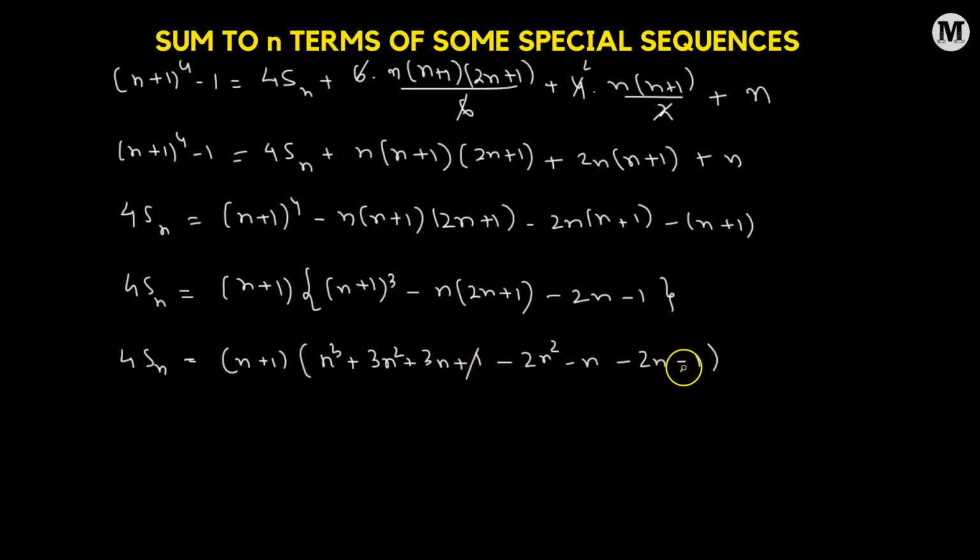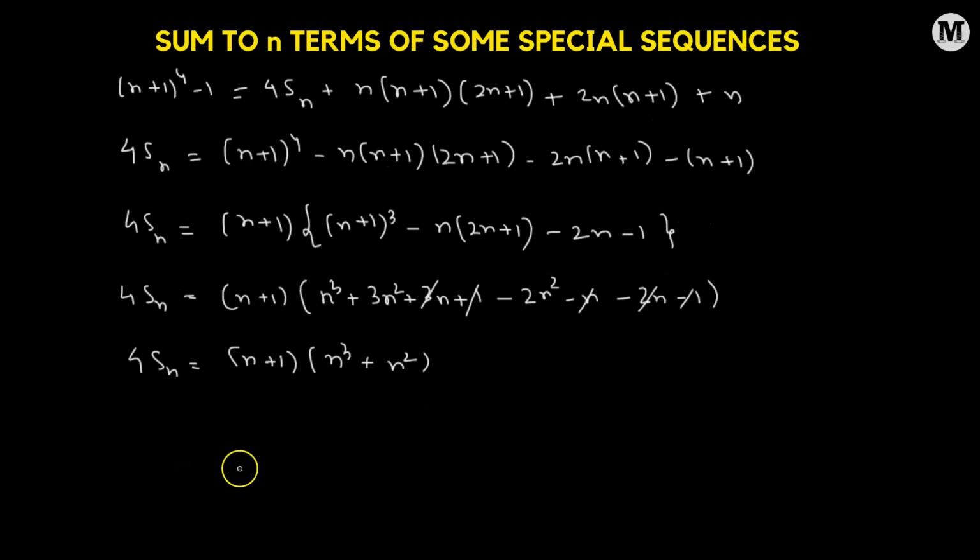So positive 1 and negative 1 get factored out. We have negative n, negative 2n, and positive 3n factoring out. So this is going to leave us with 4 times Sn equals (n plus 1) multiplied by n cubed. So 3n squared minus 2n squared, that's positive n squared.